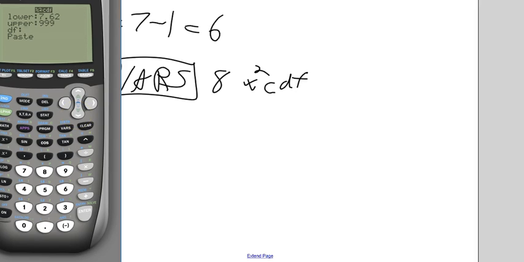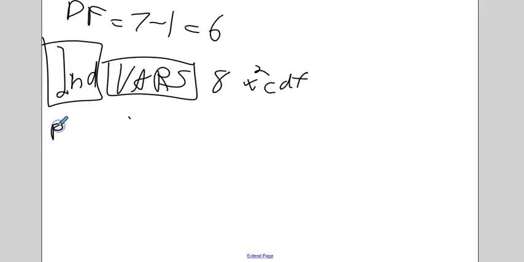Our degrees of freedom, we just said was 6. We hit enter, enter, again enter, and there it is, 0.2673, because the 8 rounds the 2 up. So p-value is 0.2673. So we got our chi-squared and we got our p-value right there.